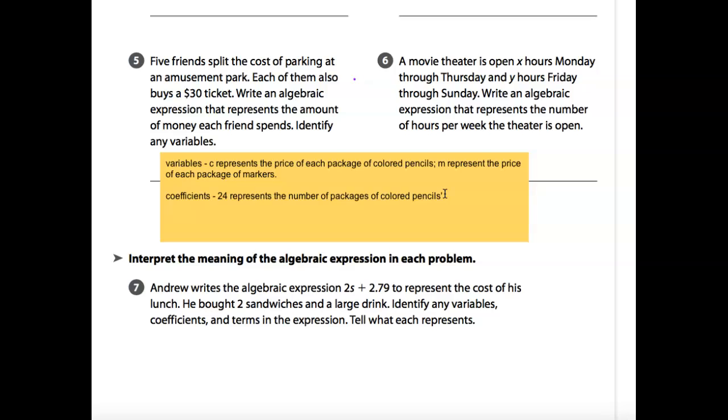All right, and then the 5, what do you think the 5 represents? All right, 5 represents the number of packages of what? I hope you said markers. Good. All right, and then the terms. Okay, our terms are 24C. 24C represents the total cost of colored pencils.